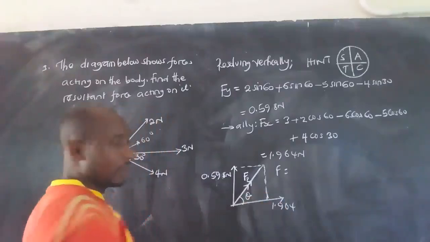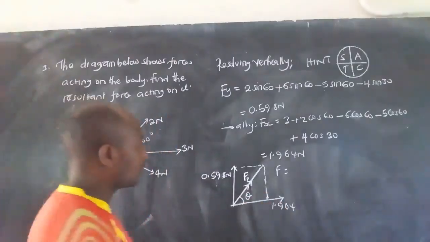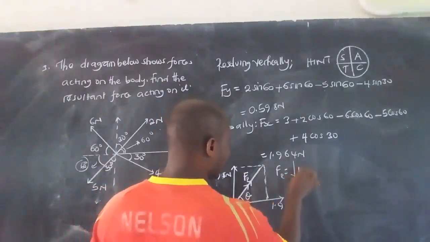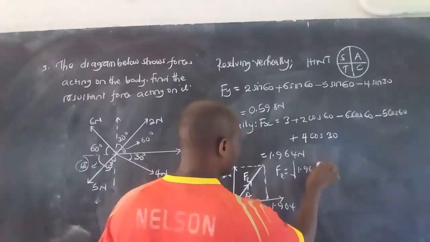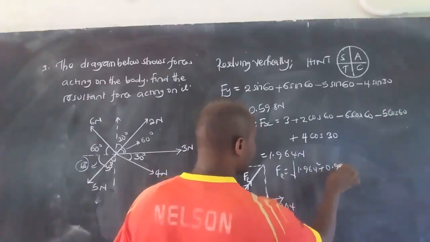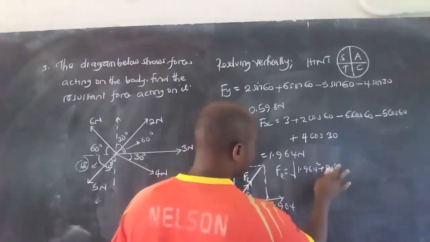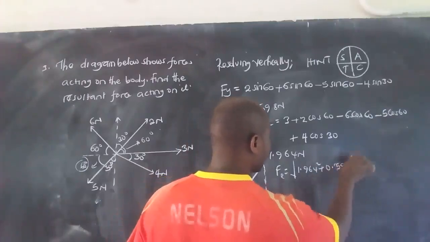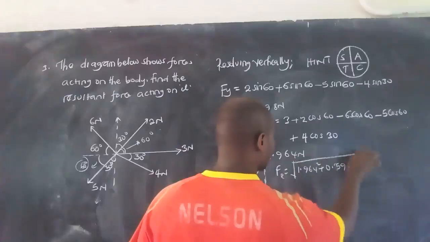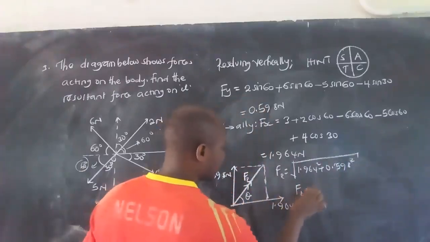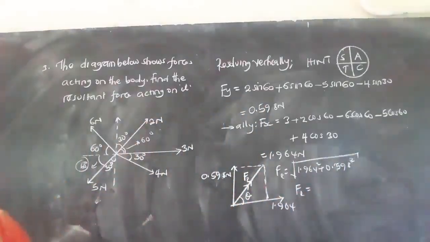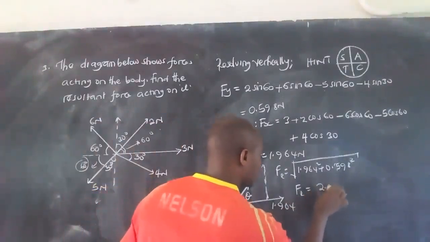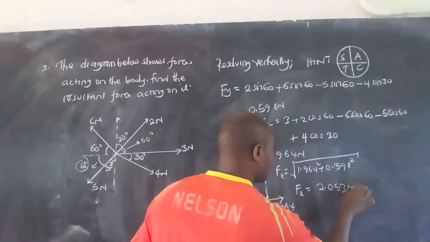So this is Pythagoras theorem. So we shall have the square root of 1.964 squared plus 0.598 squared, under the square root, and the resultant force will now become, using a calculator, 2.053 newtons.